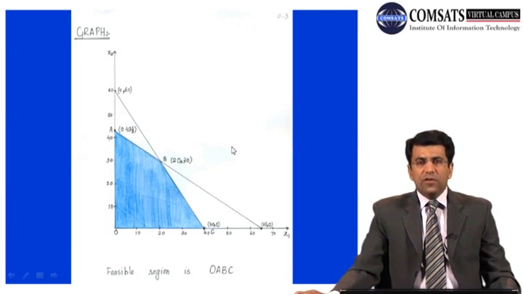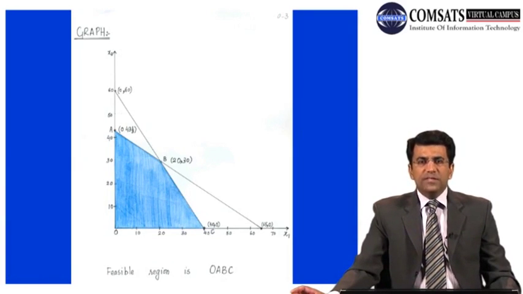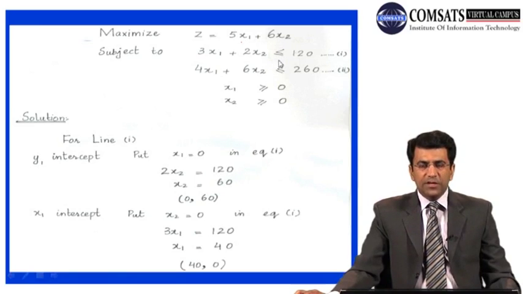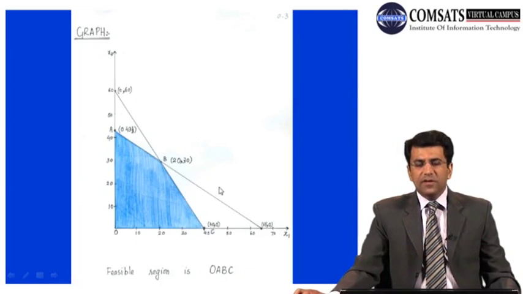Now we'll have to find out the feasible region, that is, a region which will be satisfied by both of the constraints. As you remember class, in these constraints we are actually interested in the less than or equal to type of inequality, that is, we should not exceed the left hand side by that value of 120. It means when we draw this constraint in the form of a line on this graph, the feasible area for this line should be below that line, and the feasible area for this other line should be below this line.